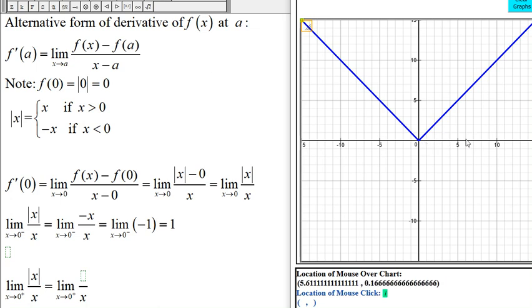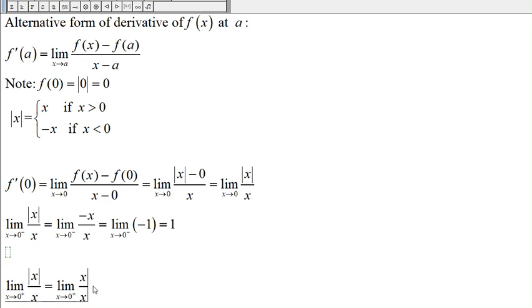So if we are to the right of 0, then all these x values are positive, meaning greater than 0. So if x is greater than 0, then the absolute value of x is x, and this equals 1. And the limit of the constant 1 is 1.